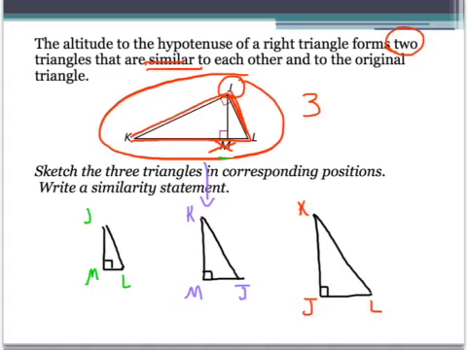Okay, so those are my 3 similar triangles. And my similarity statement is going to be, let me change my ink one more time, triangle JML is similar to triangle KMJ, which is similar to triangle KJL.